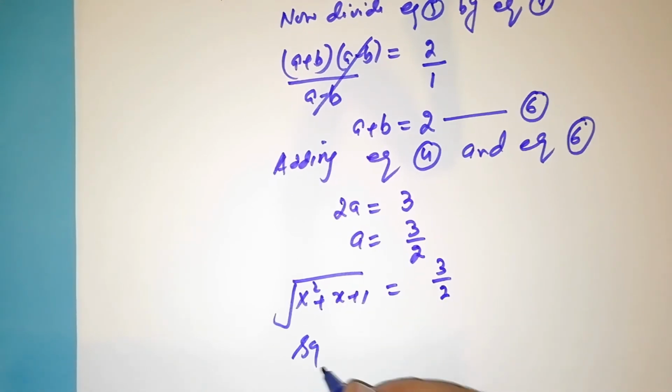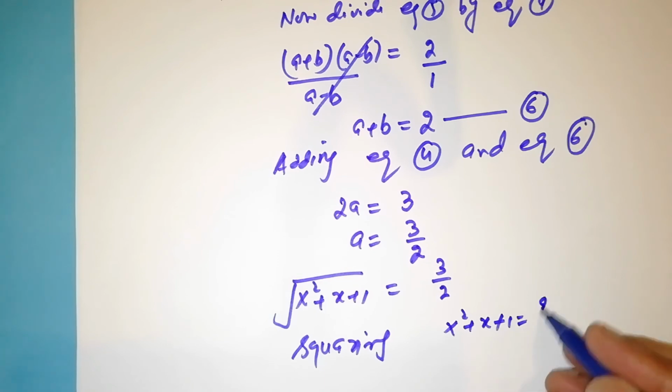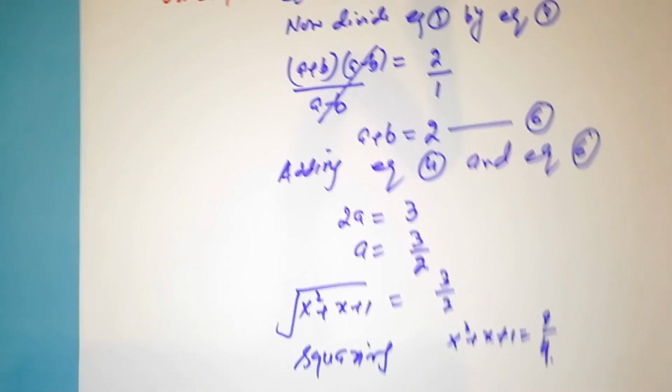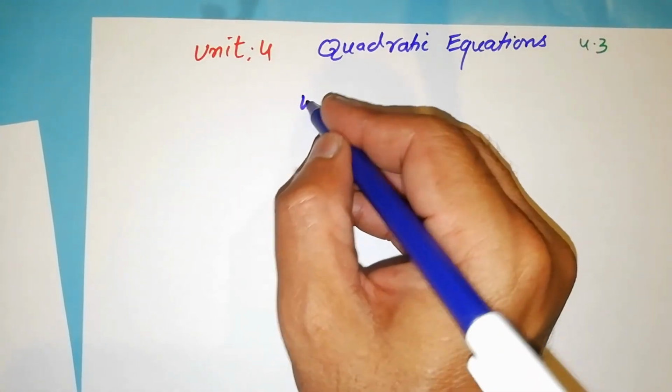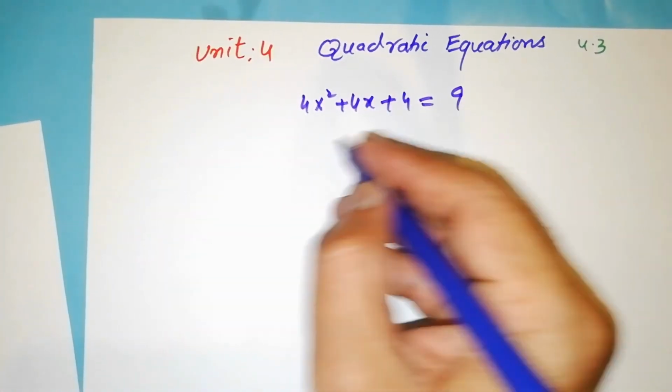So squaring, we have x square plus x plus 1 equal to 9 by 4. Now we simplify this. See here, this is 4x square plus 4x plus 4 equal to 9.